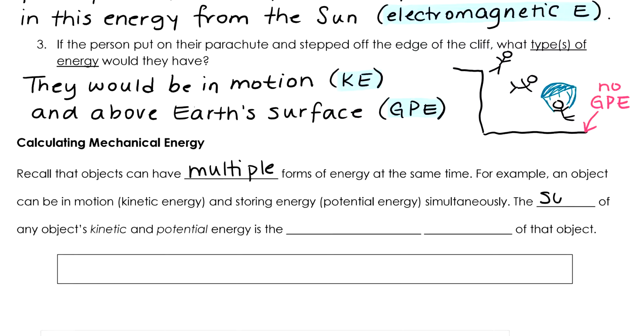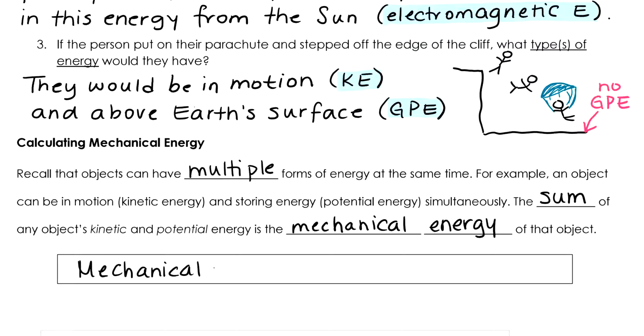And the sum of all of this kinetic and potential energy is the mechanical energy of the object. The formula that we had for this last time was mechanical energy equals kinetic energy plus potential energy.